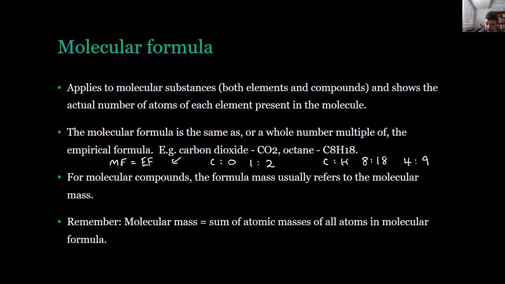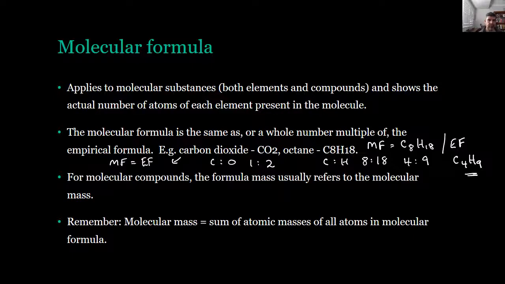So in this case, while the molecular formula for octane is C8H18, the empirical formula would be C4H9. This is where we can have a difference between molecular formula and empirical formula. But notice that the molecular formula is just 2 times the empirical formula, a whole number multiple of the empirical formula.